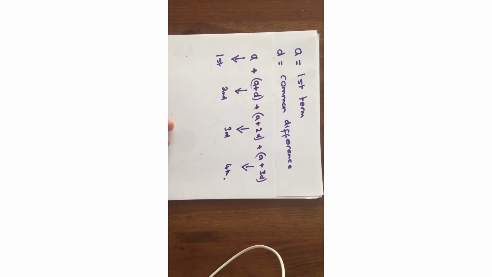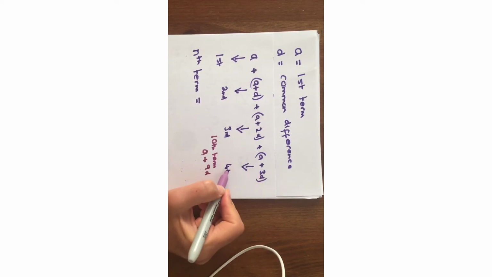Now, I want to find a rule for the nth term. Okay, well, I'm sure you can see that already, yeah? So if, for example, I wanted to find what the 10th term is, well, the 10th term will be A plus how many D's? Well, it's going to be 9 lots of D, yeah? 1 less than the term itself.